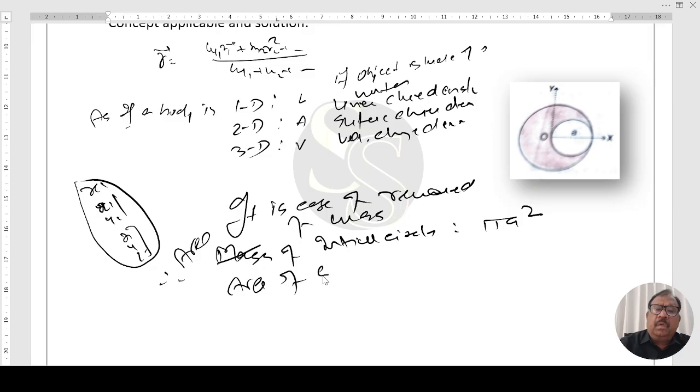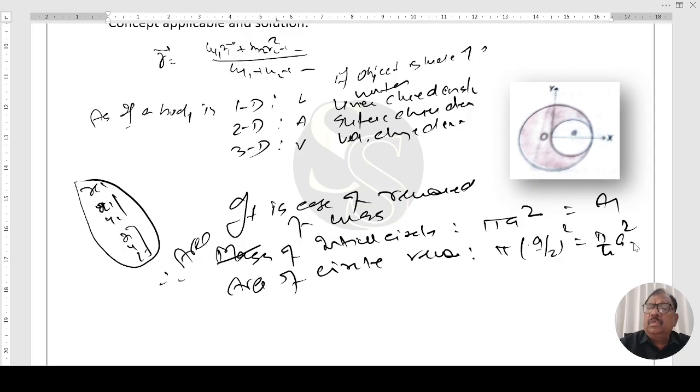Area of the circle removed is pi times a by 2 whole square, which is pi by 4 a square. This is A1, this is A2. This is removed. We assume that it is made of uniform surface charge density.